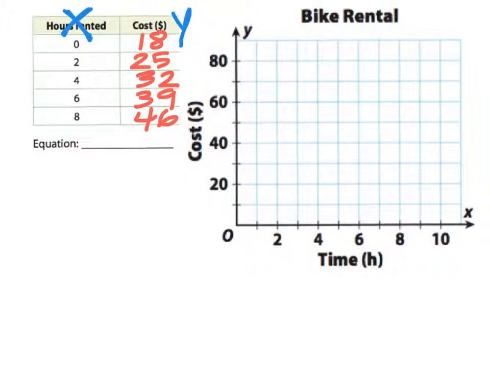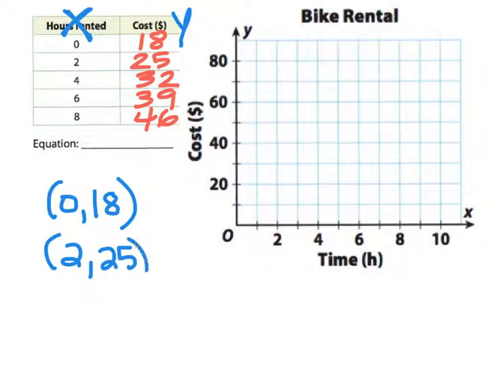To know where to put the dots, we're going to look at each one of the pairs like you would graph it. So normally you have ordered pairs, and it would say 0, 18, and then I would graph it. And then the next row would be 2, 25. So that's how I'm going to go through this process.